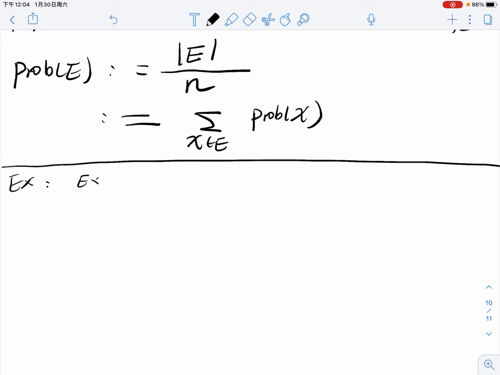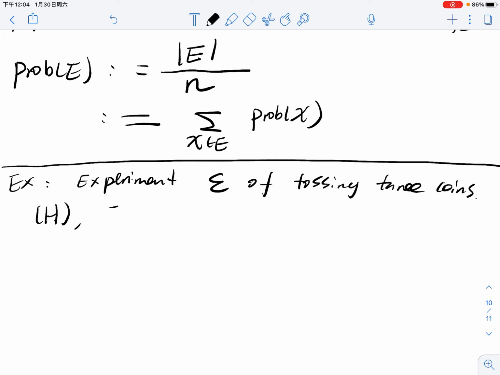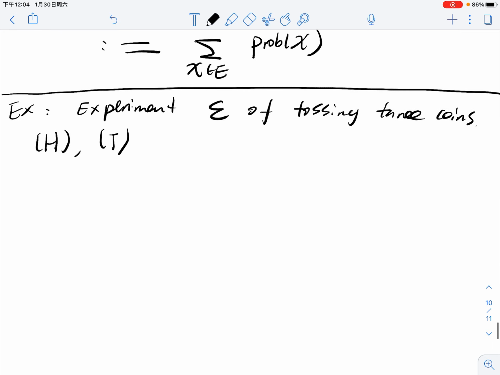So let's consider the experiment E of tossing 3 coins. For each one, you have head and tail, 2 cases.